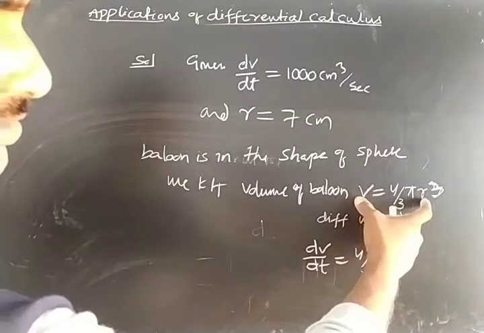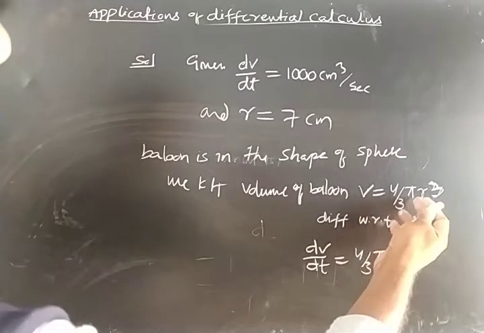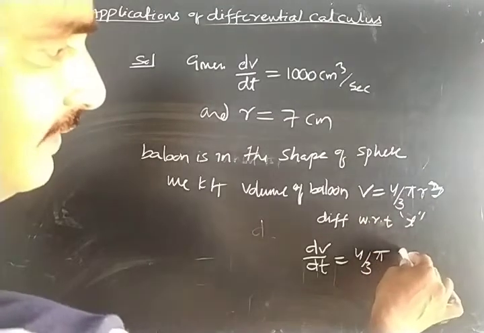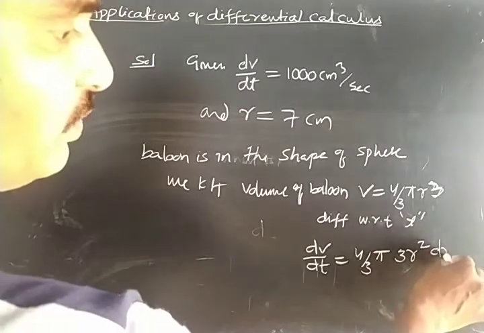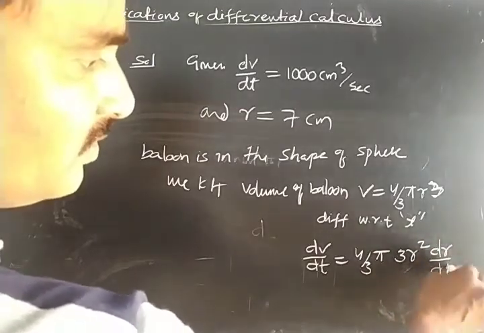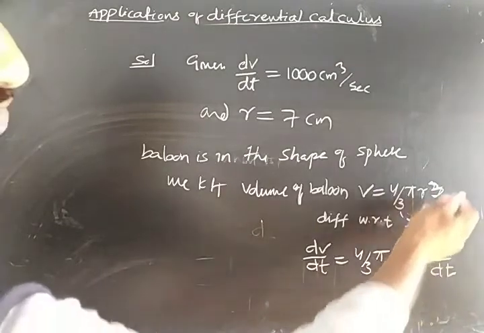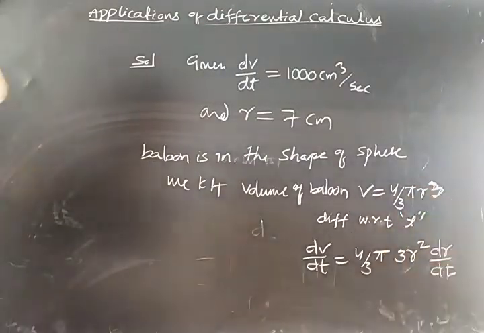So both are variables and the remaining all are constants. So r cube with respect to t: first differentiate the power, you will get 3r square, again base derivative dr by dt.